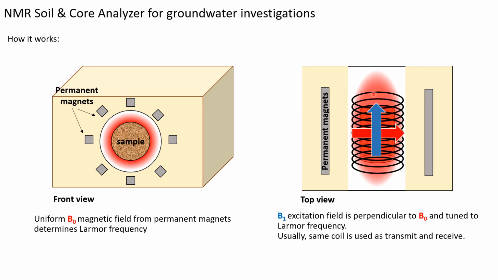You can see that the signal coil is used as transmit and receive, and this coil creates an excitation field which is perpendicular to the main magnetic field. So this is it. It's a very simple technology, but it can be very, very useful for a variety of applications.